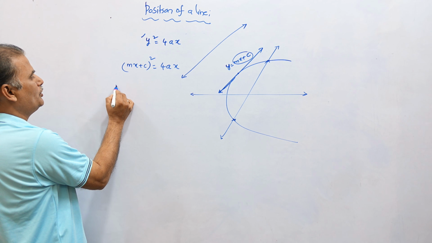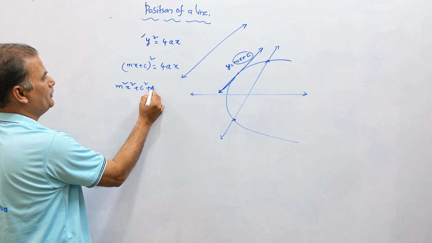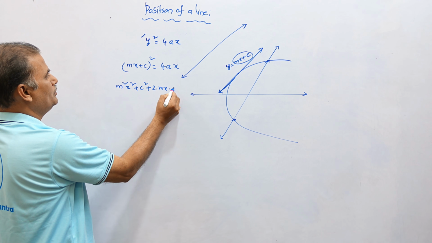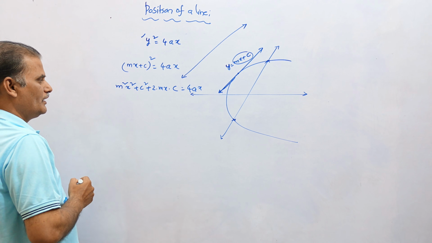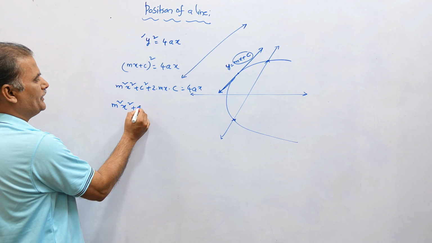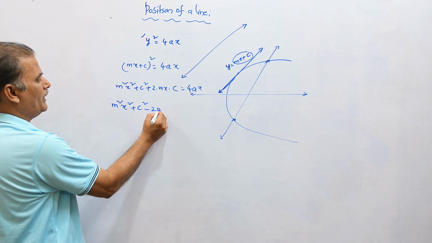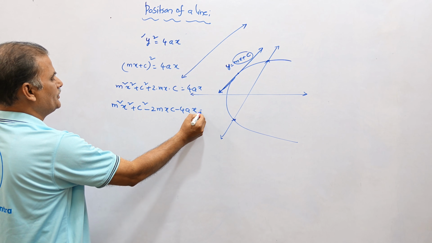Now by squaring on both sides, using (a plus b) whole square, a square plus b square plus 2ab is equal to 4ax. Now here m square x square plus c square plus 2mxc minus 4ax is equal to 0.